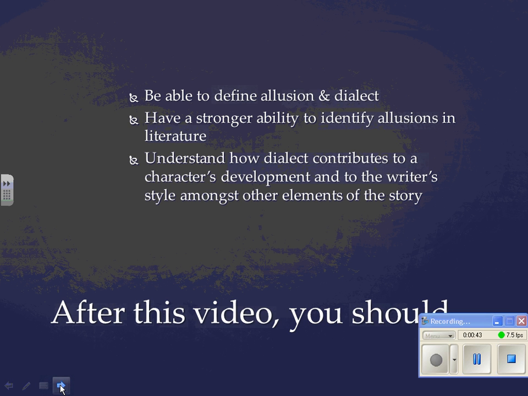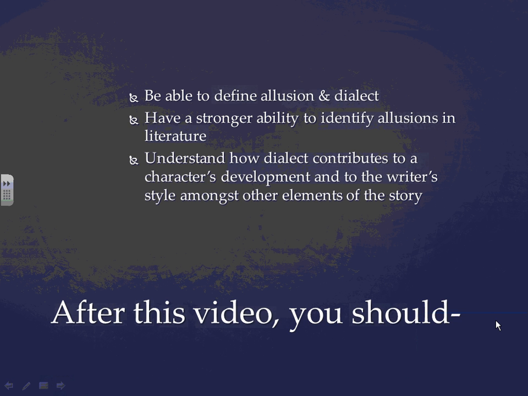After you watch this video, you should be able to define allusion and dialect, and have a stronger ability to identify allusions in literature. Once you figure out what an allusion is, be able to spot it in a work of fiction or nonfiction in all different types of genres. Understand how dialect contributes to how a writer develops their characters and to the writer's style, amongst other elements of the story.